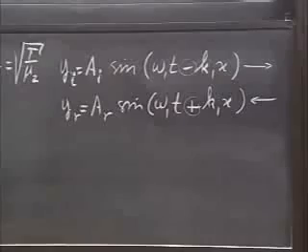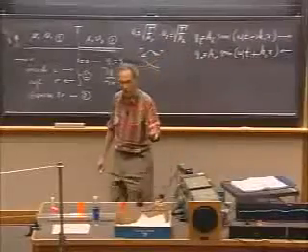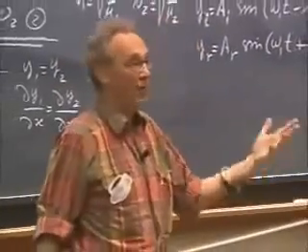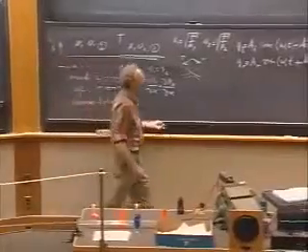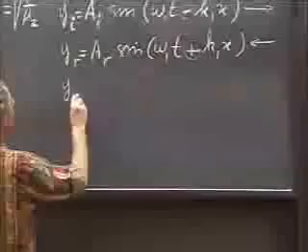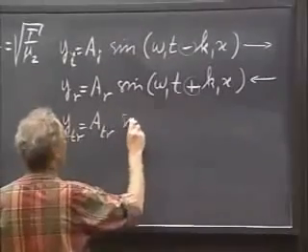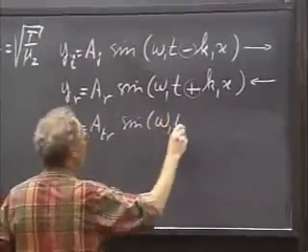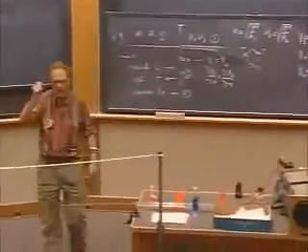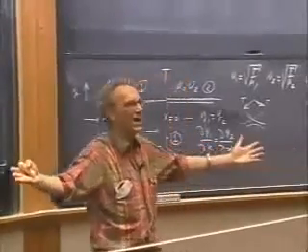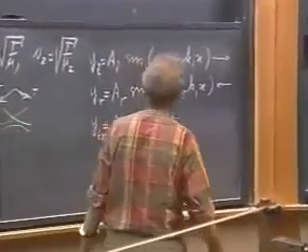The amplitudes are different, but the k's are the same, because the wavelength in medium 1 is the same. The k is 2 pi over lambda, and that wavelength is not going to change for this wave as it is for this one. And so now the transmitted one is amplitude transmitted times the sine of the same omega, because if this junction shakes up and down with frequency omega, that's the same for both media. So omega is a given. You can't say omega is different on the right side than it is on the left side.